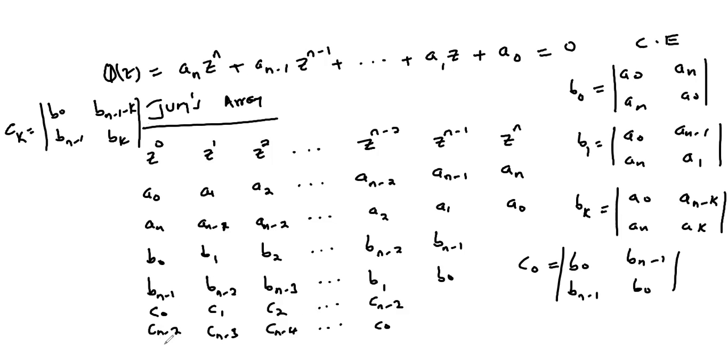We proceed until we have exhausted all the terms and we formulate the Jury's array. Once we have the Jury's array, stability of the discrete time system is analyzed as follows.